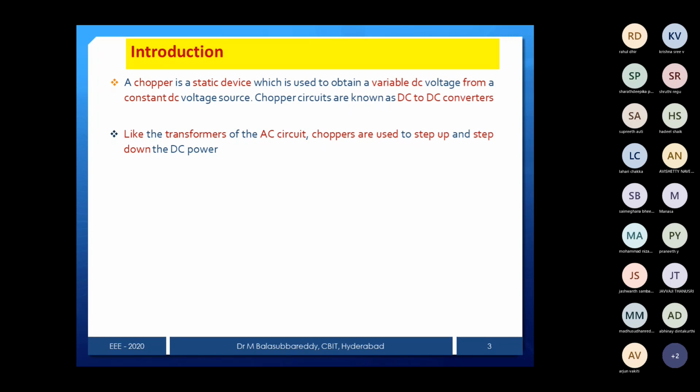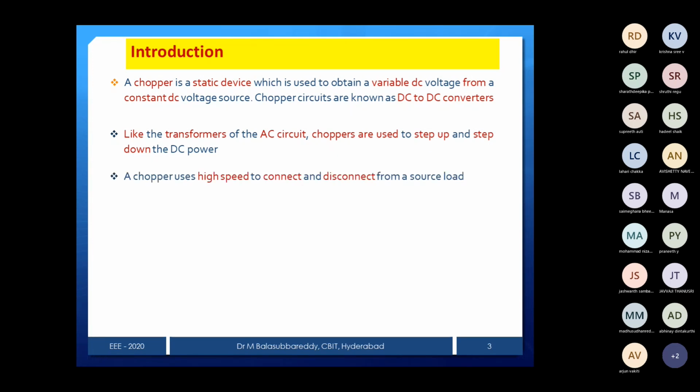Before the chopper also we have some phenomena to get variable DC voltages. We'll see that, and why we are going for chopper and what are the drawbacks in the previous conventional methods, and that is the reason to overcome the drawbacks we are going to use a chopper. So that also we'll discuss. Now for that, step up chopper and step down chopper, all these things will be there.